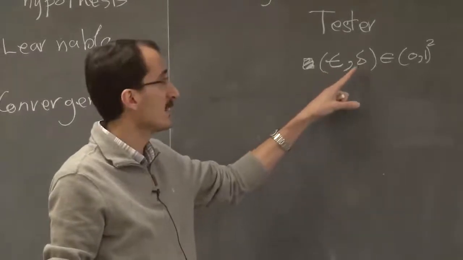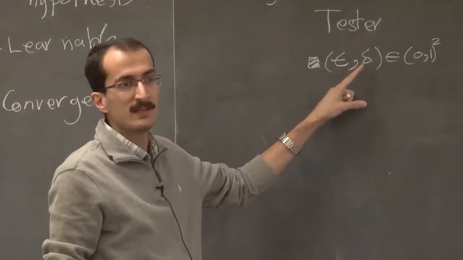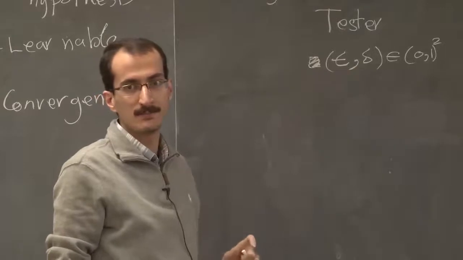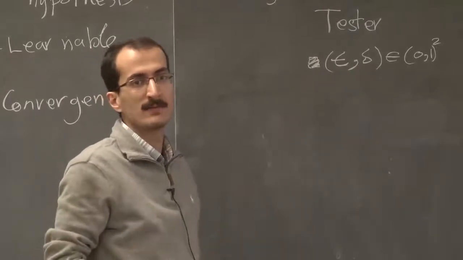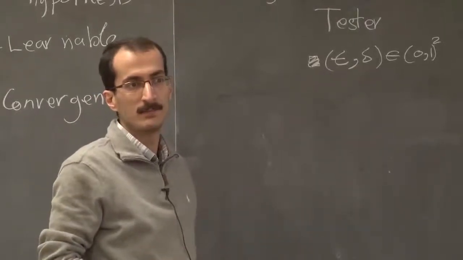And by most of the time, I mean with probability at least 1 minus delta. That's our requirement from the learner.